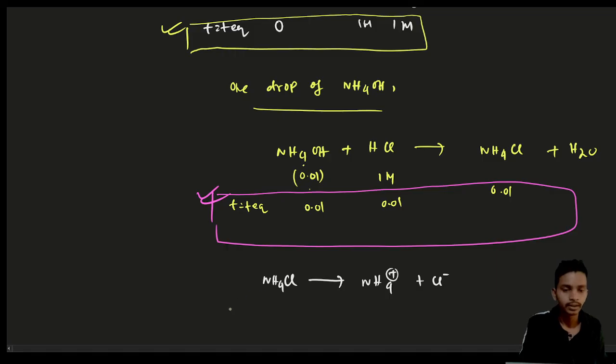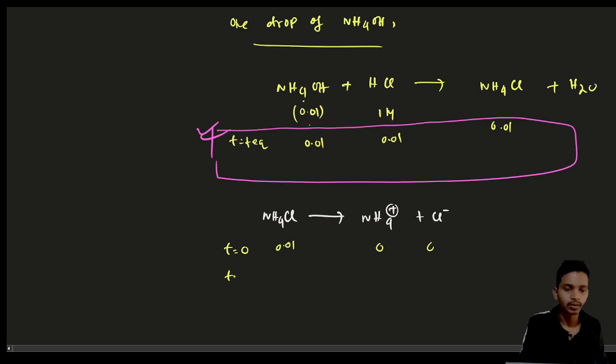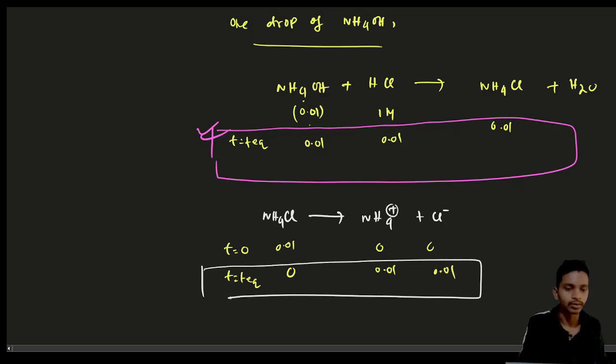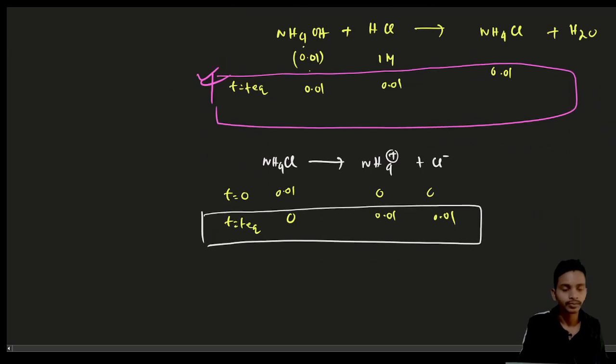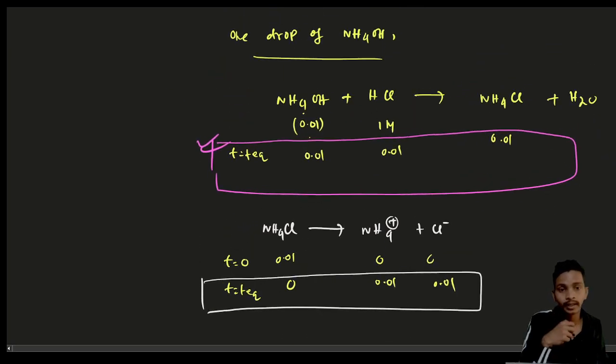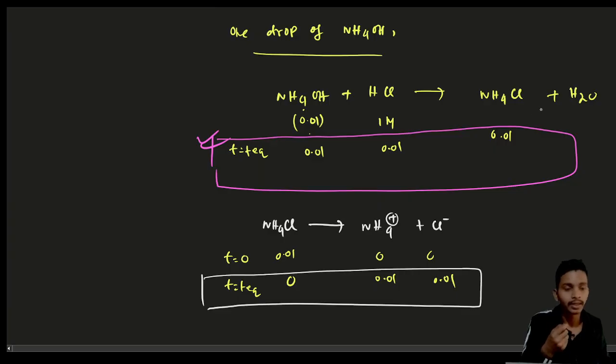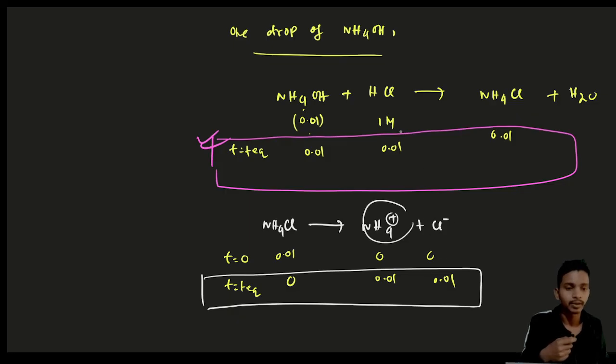So at t equal to 0, let's say this is 0.01 and 0, and at t equal to t equilibrium, it is completely dissociated, so 0.01, 0.01. So whenever I add one drop, it reacts with HCl, and this amount of NH4 plus and this amount of Cl minus is present in the solution.